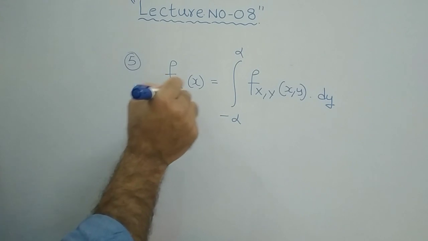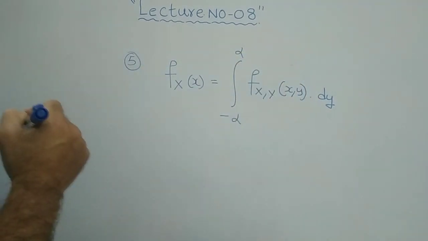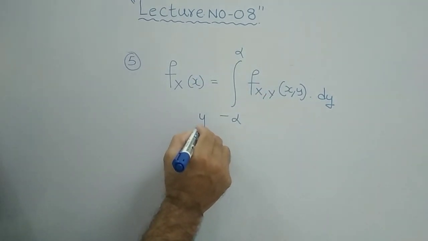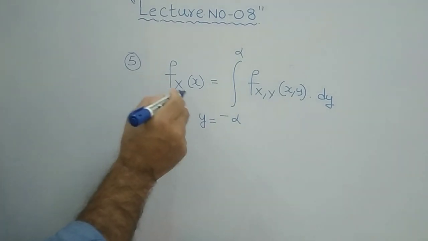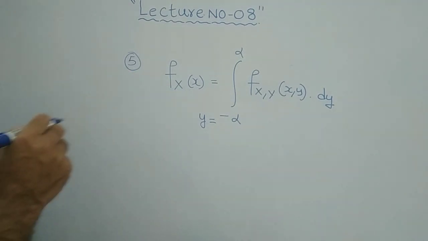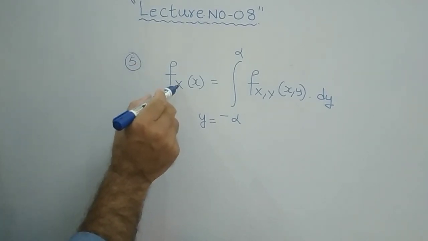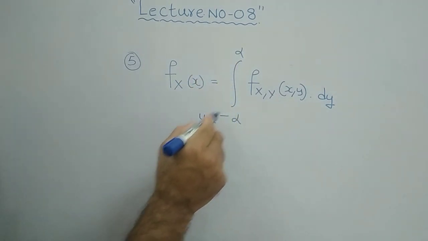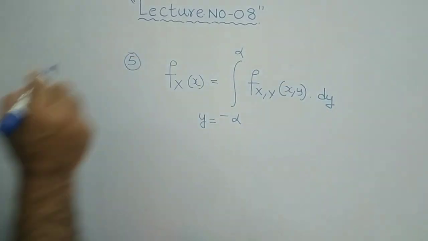In order to find it from the joint PDF, this is the formula. You must integrate with respect to y, over the y values. For finding f of x, do not get confused here: take the joint PDF and integrate this function with respect to dy.